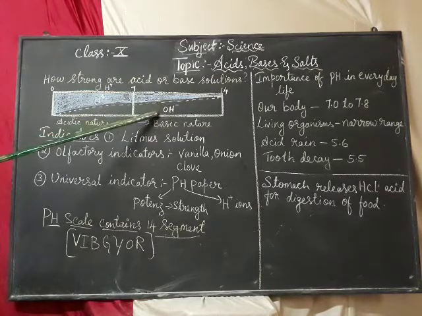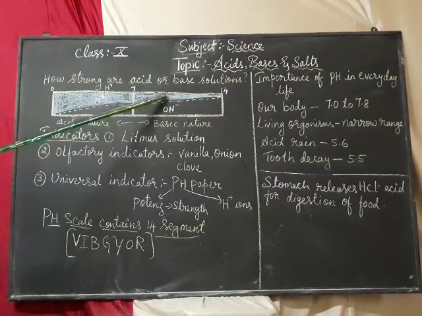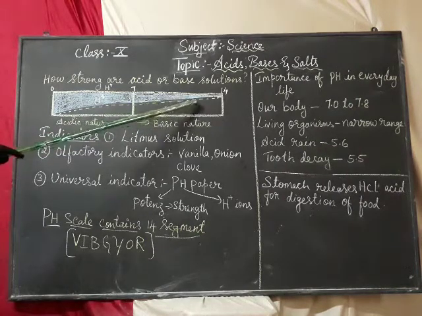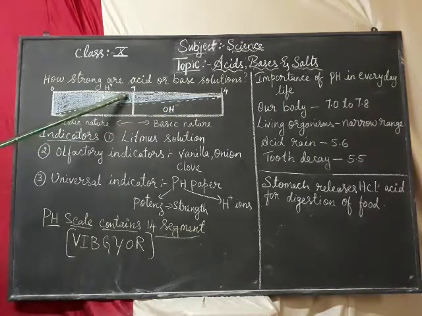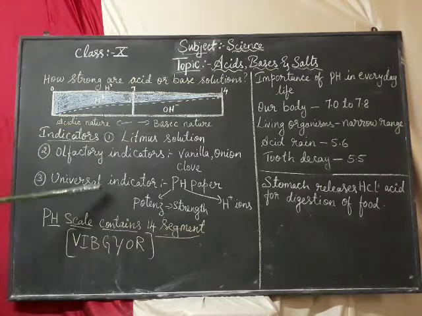What will be more in a base? That will be the OH minus ion. OH minus will be more and H plus will be less in basic substances. Now if it is 7, then it is neutral. It is neither acidic nor basic in nature. It will be neutralization. Now with the H plus ion we are going to detect.